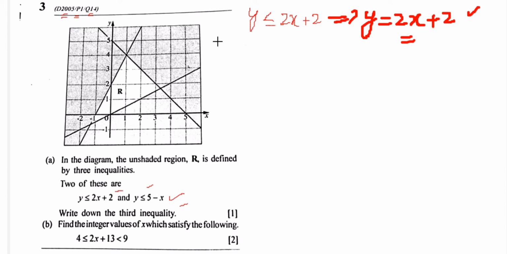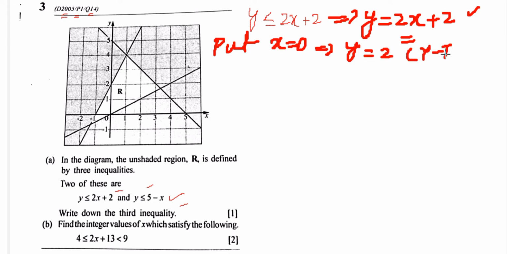Suppose we put x is equal to 0 here. What will be the value of y? Your y is 2. This represents the y-intercept. Now check in the graph which line cuts the y-axis at 2.